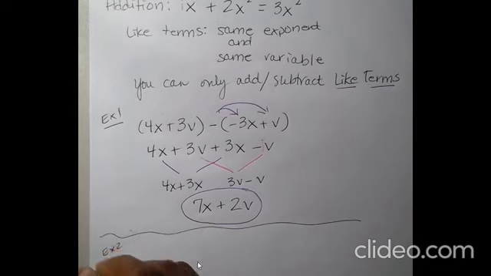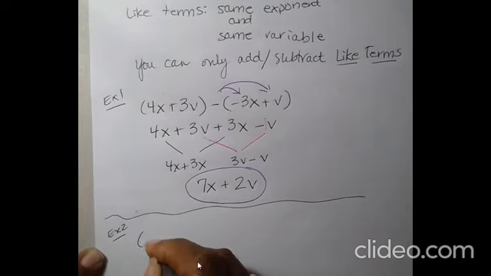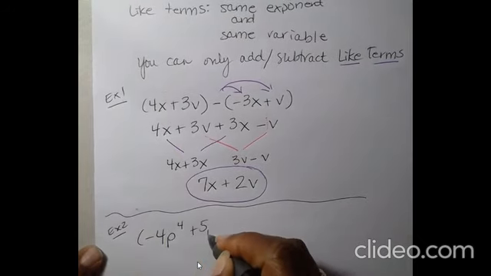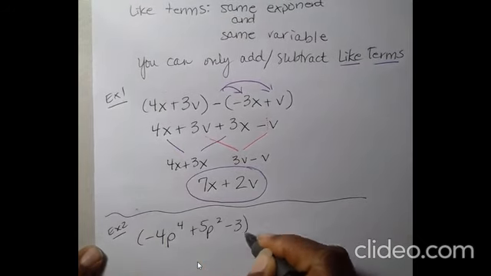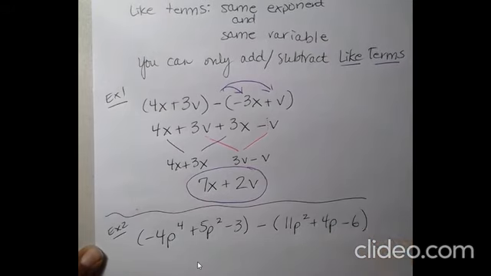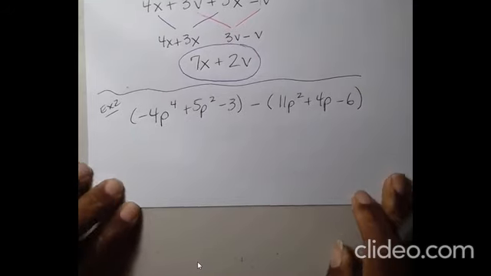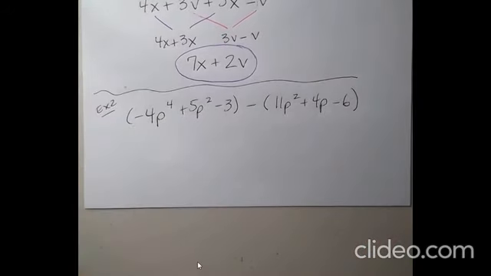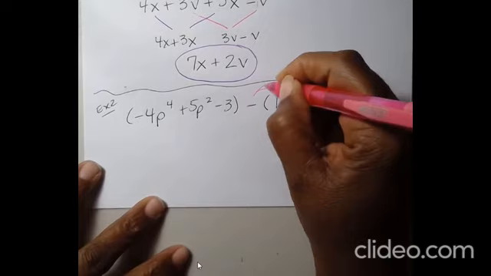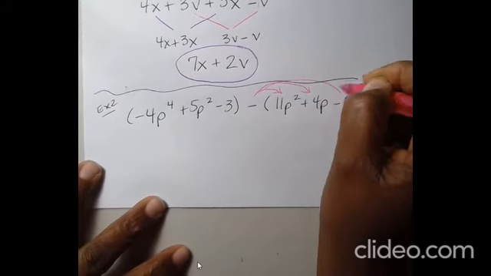Let's go with example 2. We have (negative 4p to the fourth plus 5p squared minus 3) minus (11p squared plus 4p minus 6). Again, we need to distribute this minus sign to the second parentheses. That is the first step.